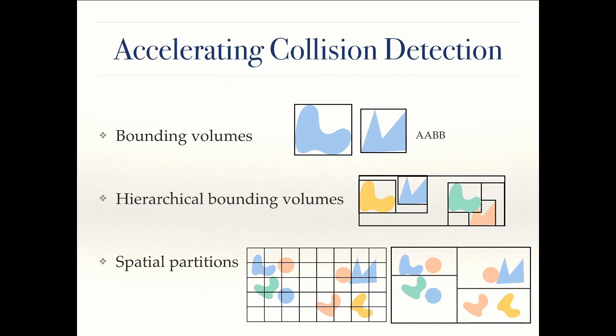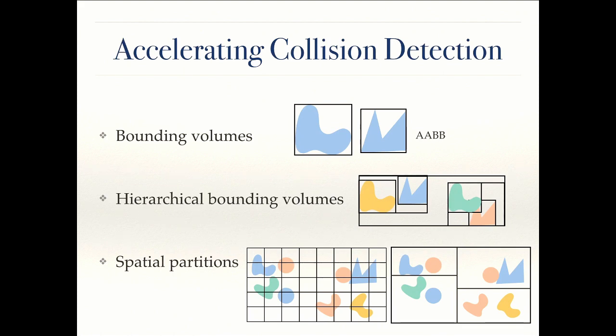Different approaches that are used to accelerate collision detection are, for example, bounding volumes. This object has this complicated shape, and it might be kind of expensive to do collision detection against it. But we can first put a bounding box around it. This stands for axis-aligned bounding box. And we can have very fast procedures that test collisions with boxes.